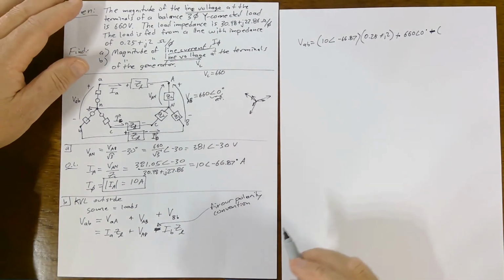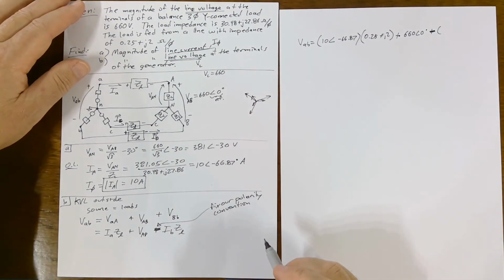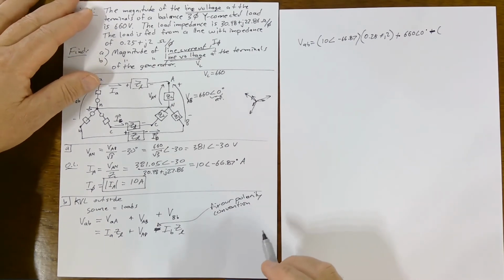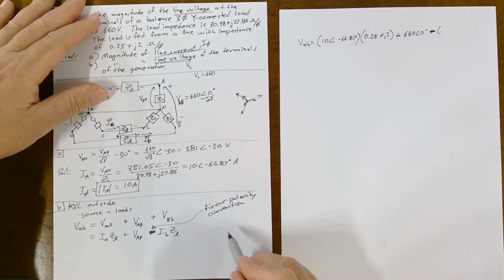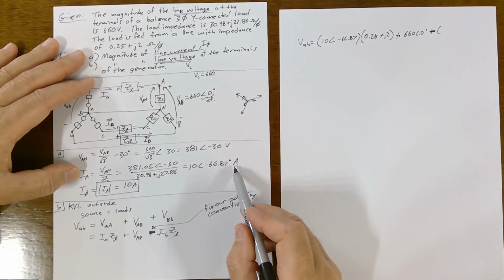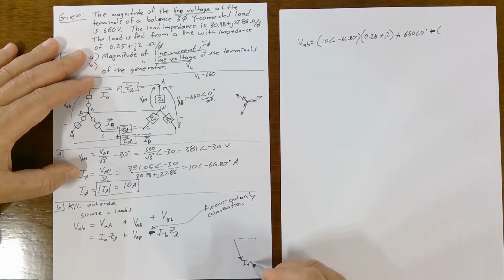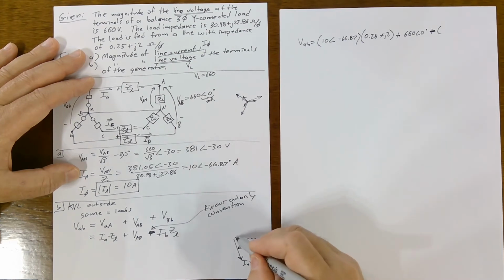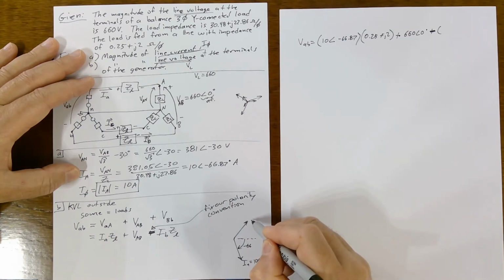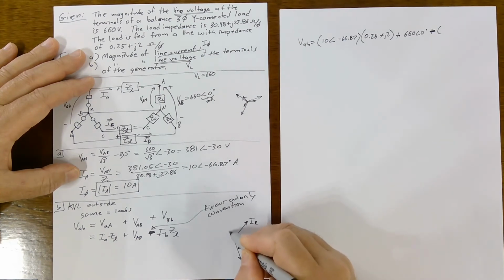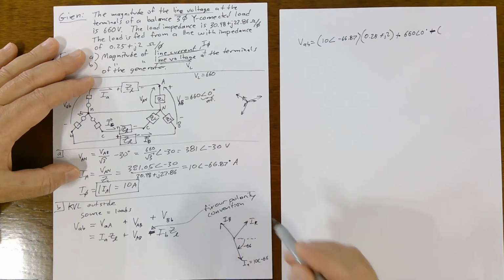So where is it? I_A is, let's draw it down here. I_A is 10 angle minus 66.87 degrees, and then I_C and I_B are 120 degrees apart.